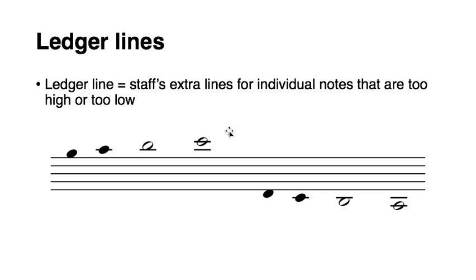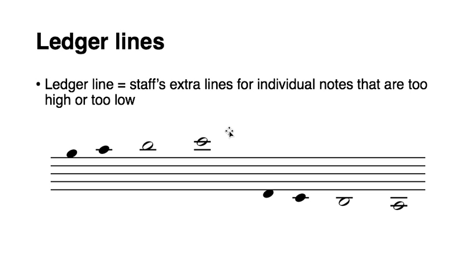Ledger lines are a little bit abstract to understand, but the principle is this. You extend the staff by drawing extra lines to it, 6, 7, 8, 9, however many you need. And these lines are short enough so that they're only applicable to the particular note head that you're trying to apply it to, right?